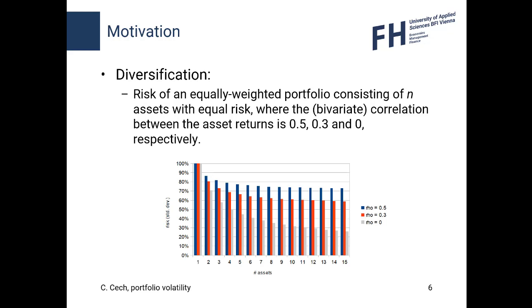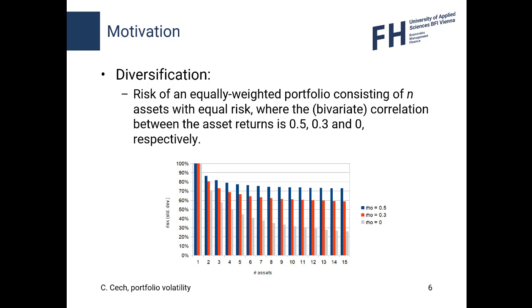I have prepared this example to show you the effect of diversification, of investing into several assets rather than in only one asset. Consider the risk, which we will measure as volatility or standard deviation of asset returns, of an equally weighted portfolio that consists of different constituents.